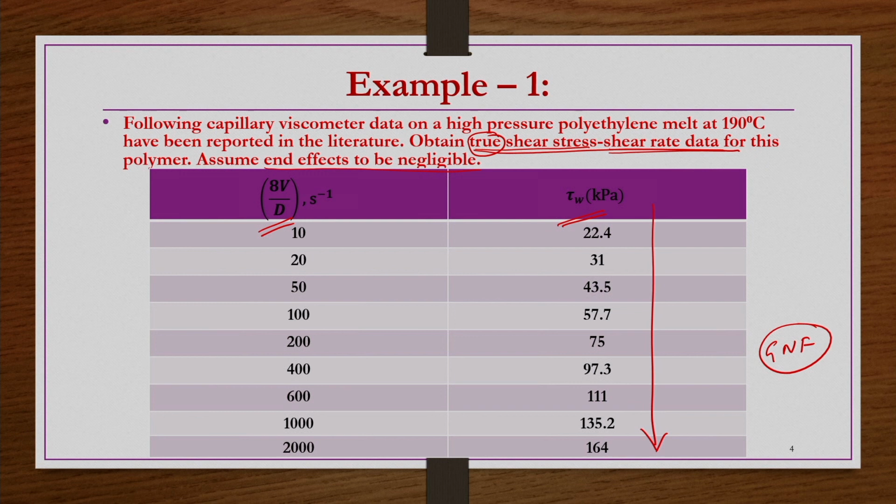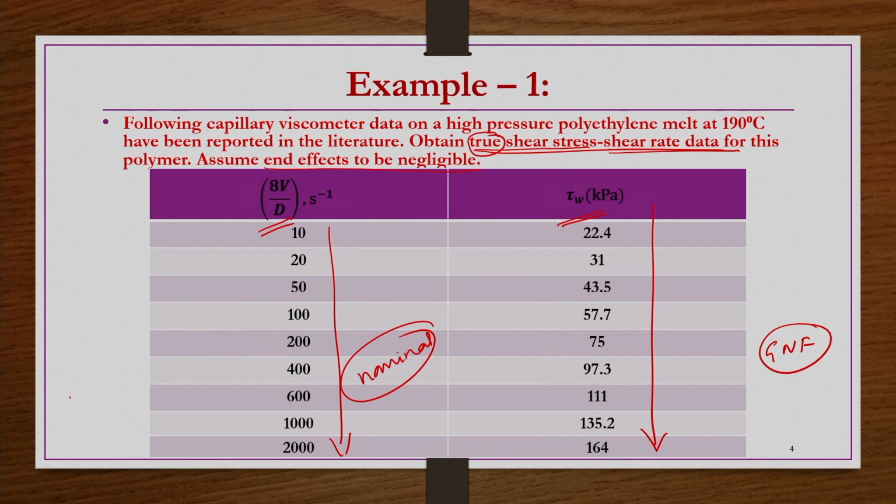But the 8V by D information that is given is the nominal or apparent shear rate for the case of generalized Newtonian fluids. 8V by D is the true shear rate only for Newtonian fluids.